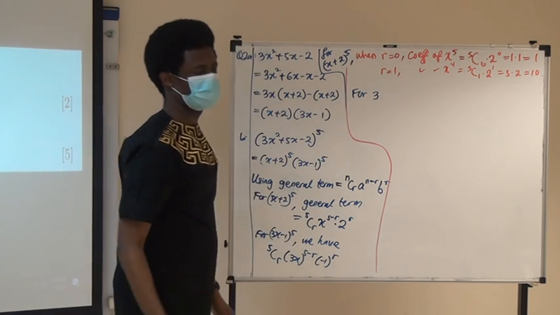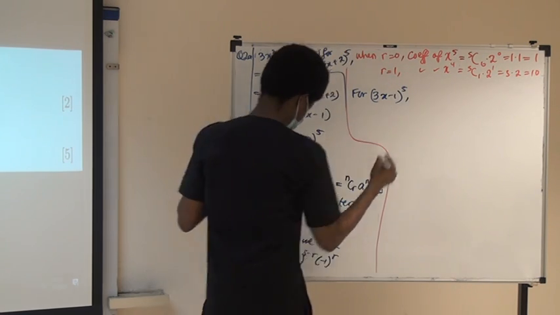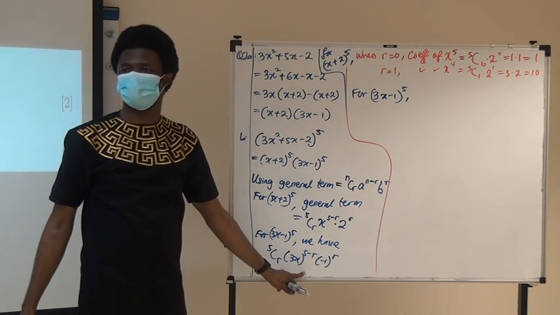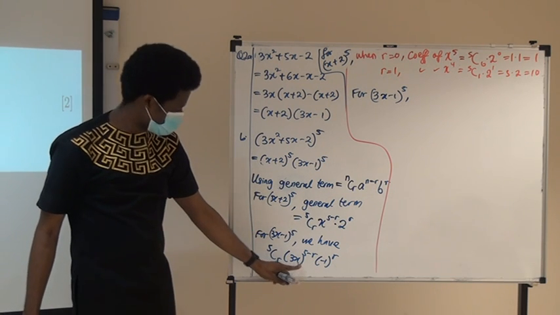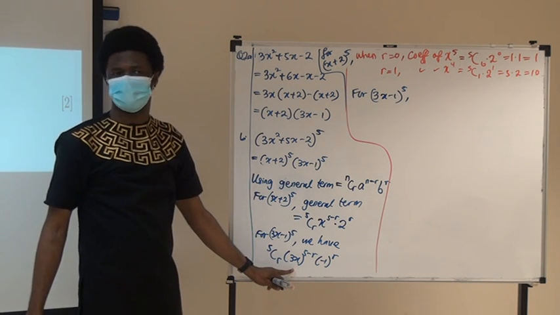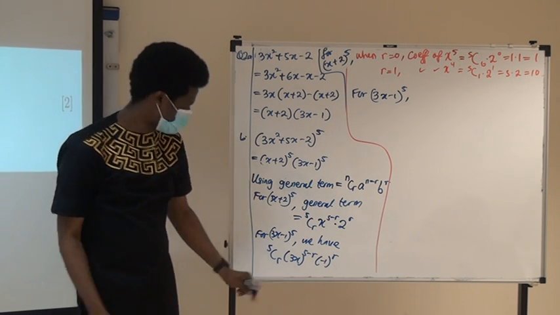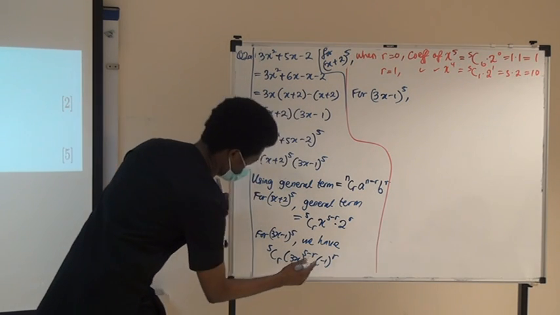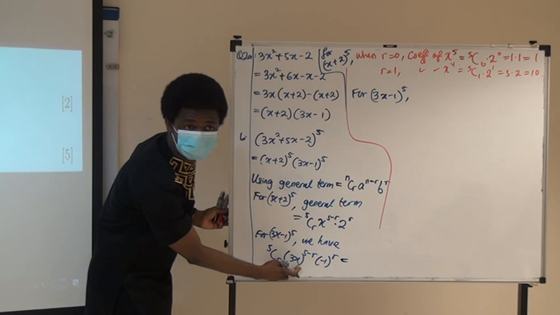Now, for 3x minus 1 to power 5, based on this general term, I think the same thing applies. When r is equal to 0, you get x to power 5, and when r is equal to 1, you get x to power 4 term. Understood? But this needs to be simplified further, because our x is not standing alone.